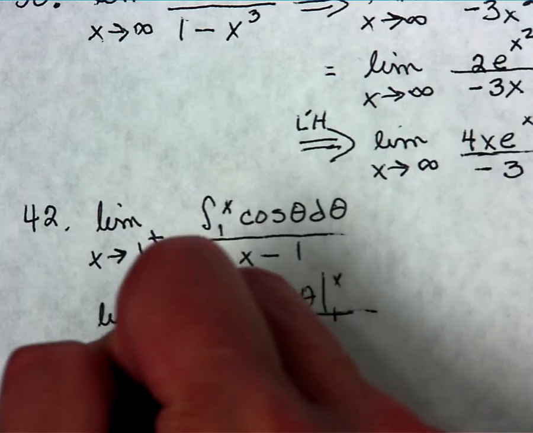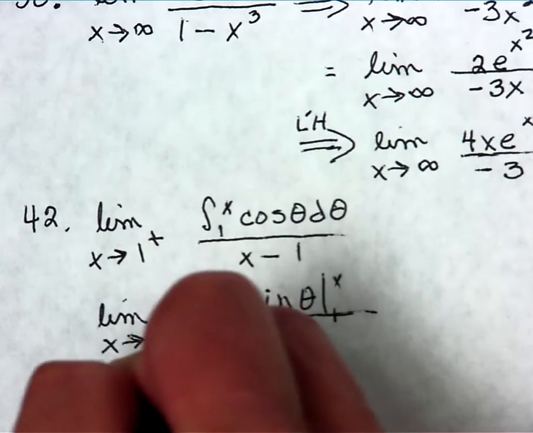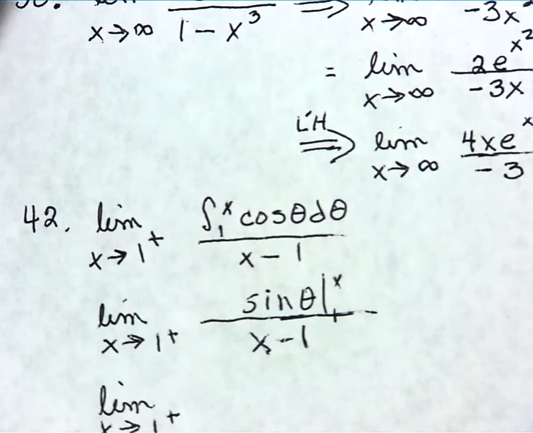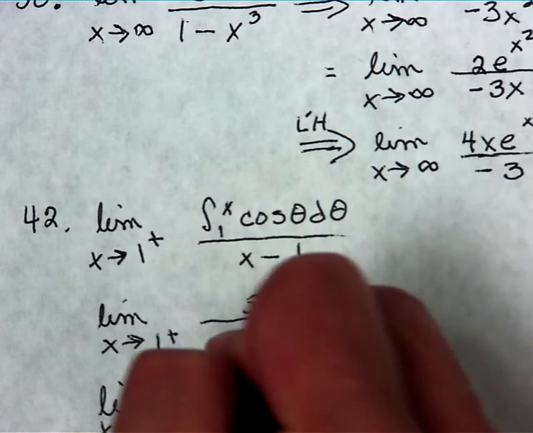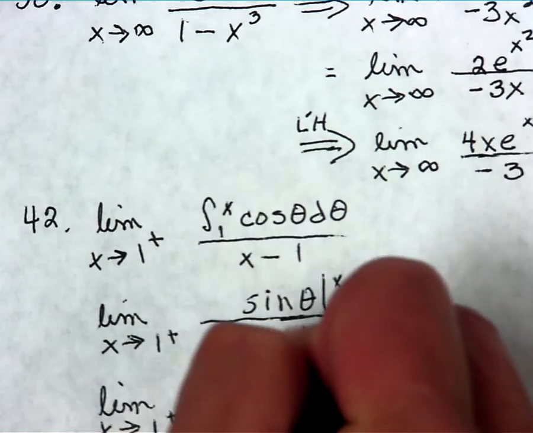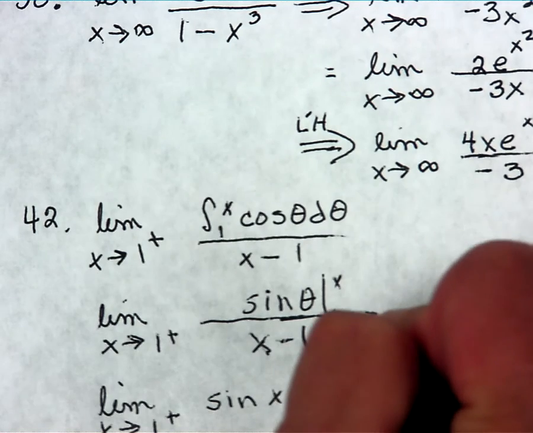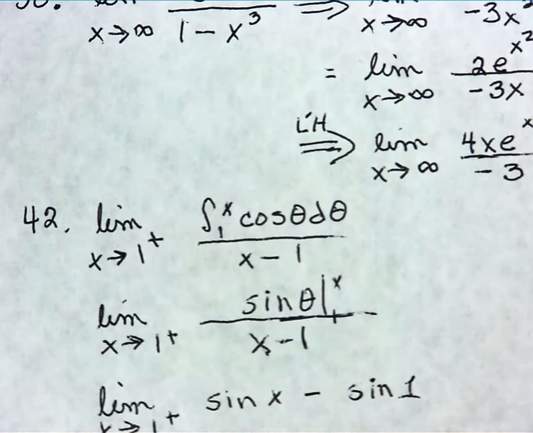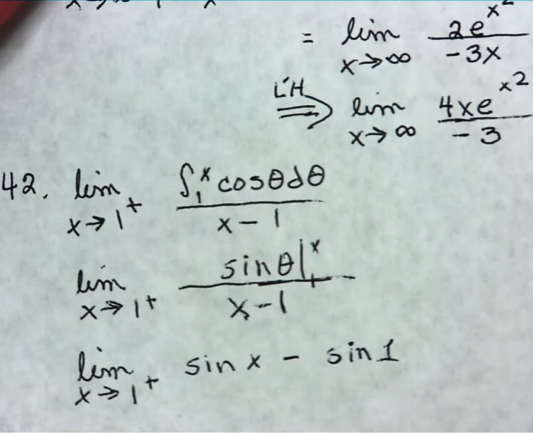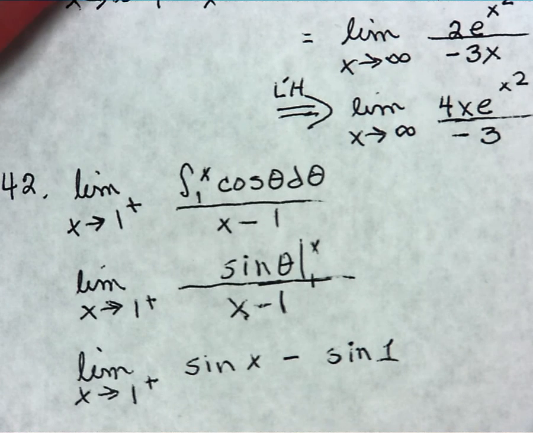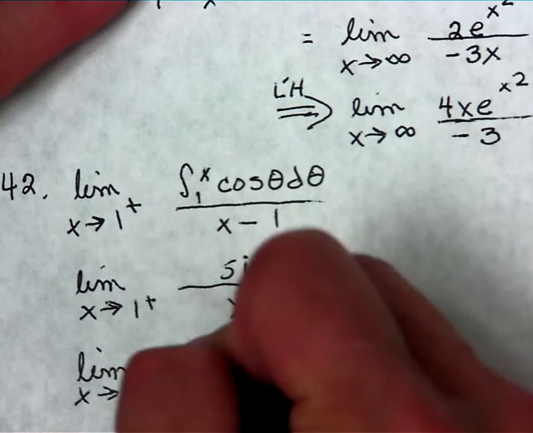What is that numerator if I evaluate it using the fundamental theorem of calculus? Sine of x minus sine of 1. It's not sine of pi, it's sine of 1, over x minus 1.